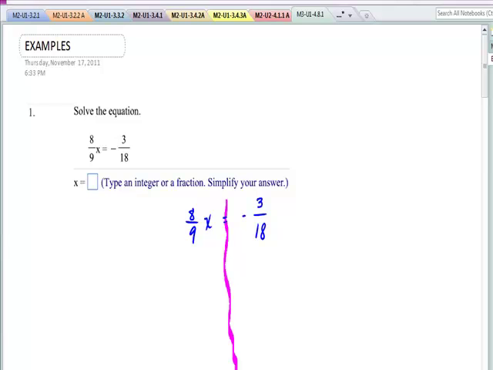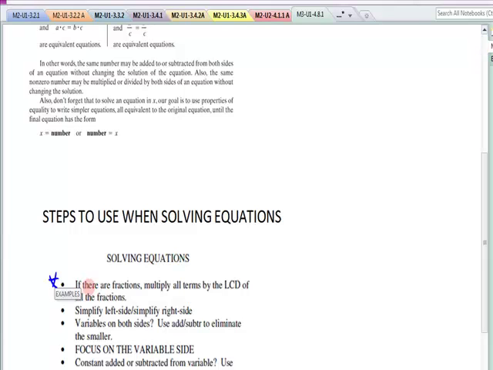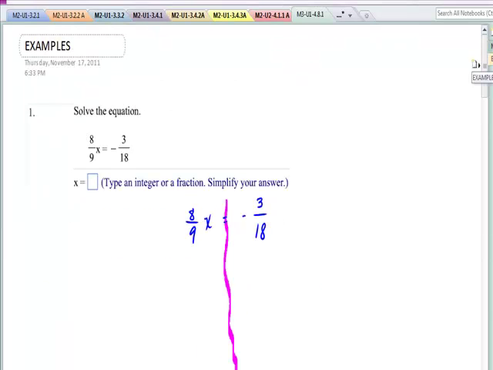Step number 1 in solving equations: if there are fractions, multiply all terms by the LCD. My denominators are 9 and 18. The LCD, the least common denominator for 9 and 18, is 18. It's what they will both go into.